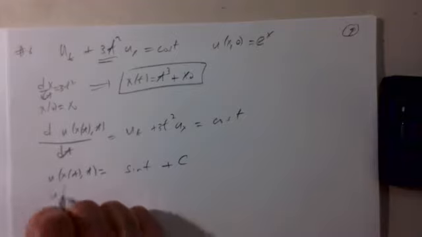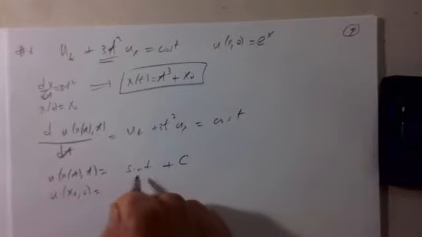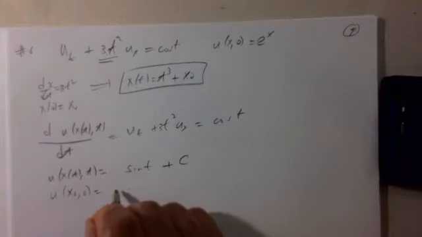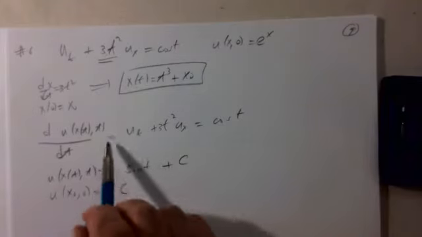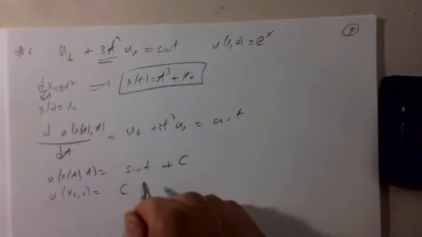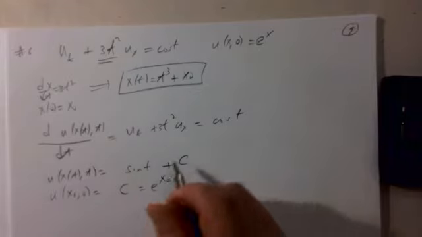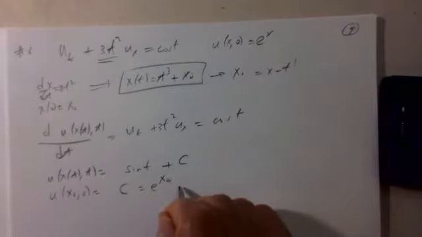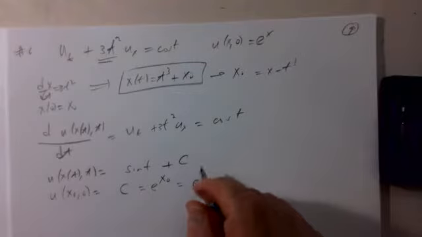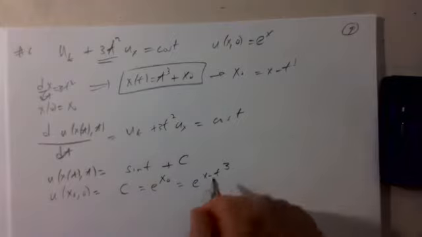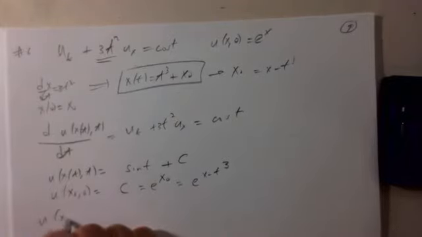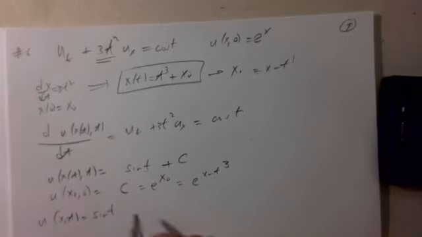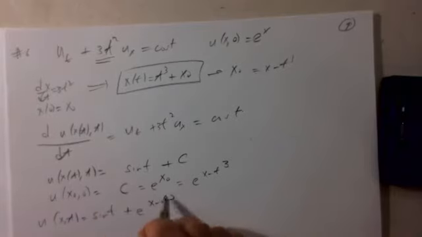And when t equals 0, I get sine 0, which is 0, plus the constant. But u of x naught comma 0, this is e to the x naught. And x naught is x minus t cubed. That's my c. So u of x, t is sine t plus e to the x minus t cubed.